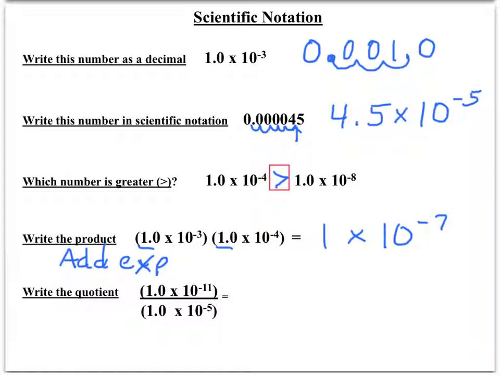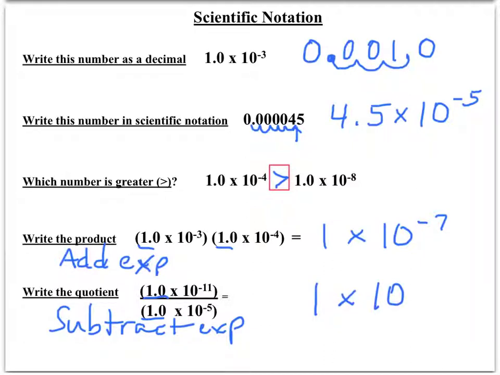Division is the opposite. You subtract the exponents when you have a division problem. Again, we look to the whole numbers, 1 and 1. 1 divided by 1 is 1. The exponents, negative 11 minus a negative 5, and minus negative 5 makes that a positive 5, results in a negative 6 for the exponent.